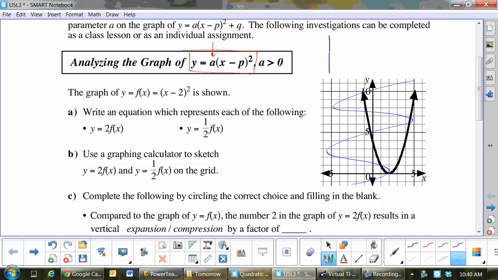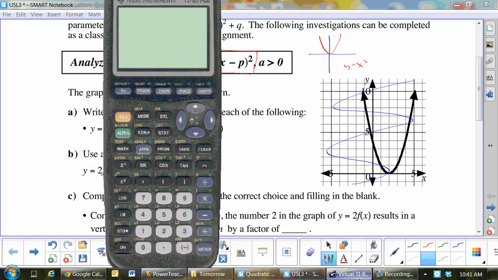What I want you to do is just draw y equals x squared. Just do your best, okay? So we don't need to have it on the side. So that's y equals x squared. Now, if you get your calculator out, I want you to make sure that's in y1.